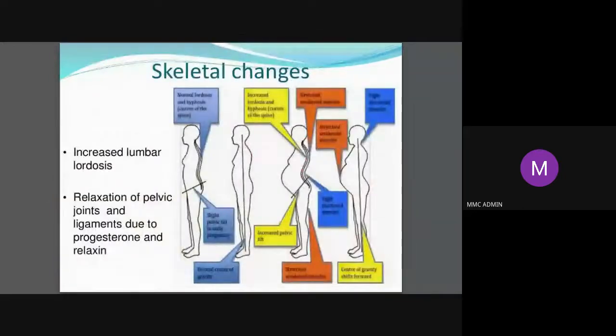This is again clinically very, very important. Skeletal changes. A pregnant lady comes to you and tells you, doctor, I'm having a severe back pain. As you can see, the lumbar lordosis goes on increasing as the pregnancy advances. You know very well, when there is any change in the shape of the spine, it will tend to pull at the muscles that are attached and also press on the nerves that come out through the vertebral column.